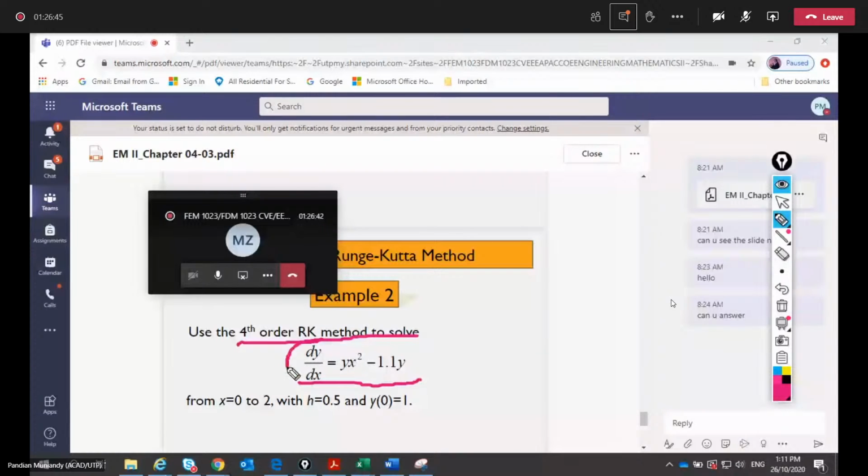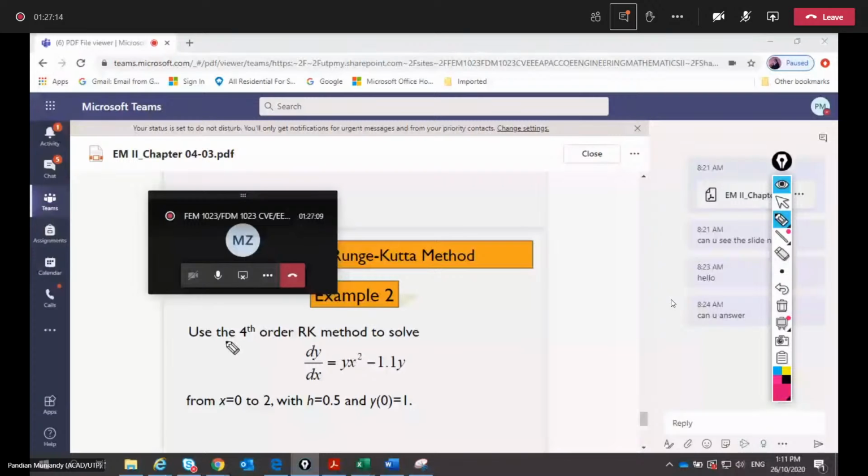This is your f(x,y) equals y x squared minus 1.1 y. So it looks like Bernoulli, dy/dx plus p(x)y equals q(x)y to the power n. But it doesn't matter whether Bernoulli, linear or separable, we want to use the fourth order Runge-Kutta method.